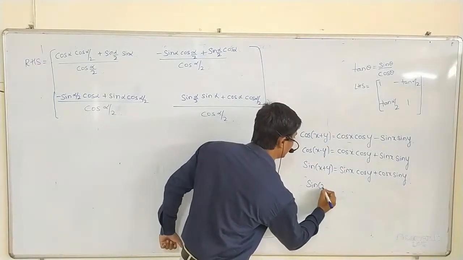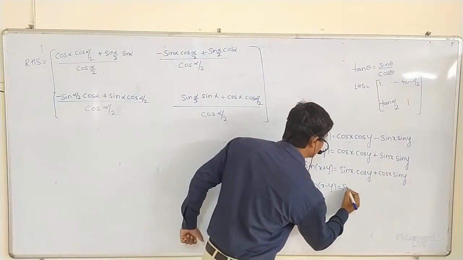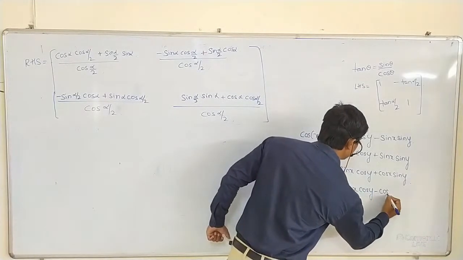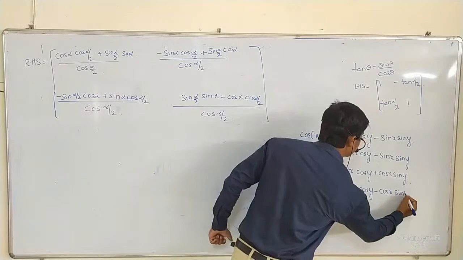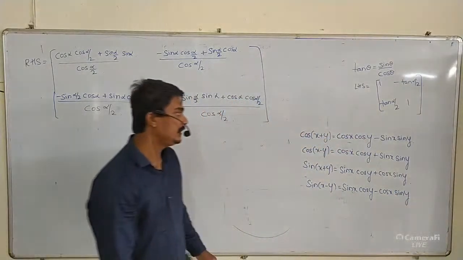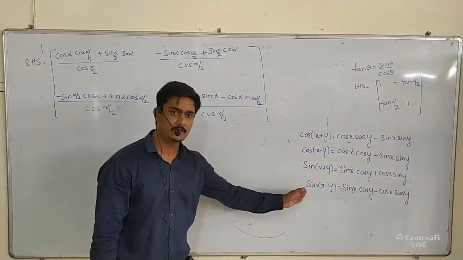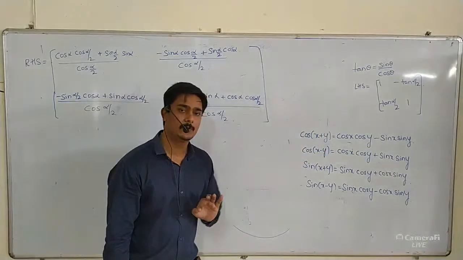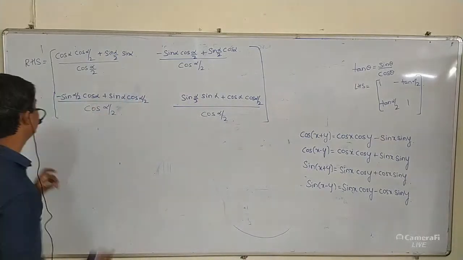What is sin of x minus y? This is sin x into cos y minus cos x into sin y. So we need to use these formulas. Which formulae are these? Trigonometric ratios of compound angles, to simplify the numerator. Okay.